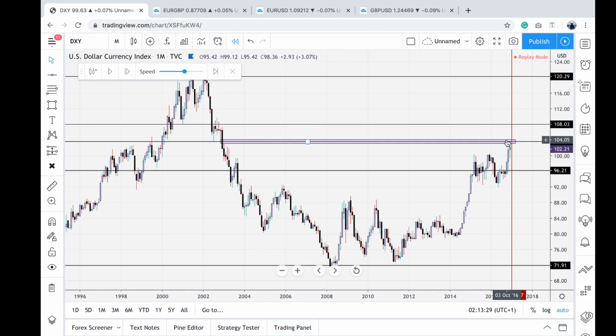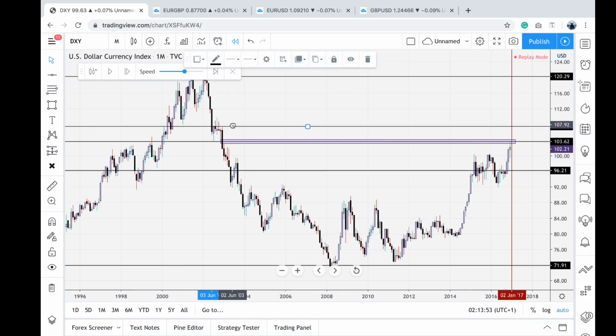If price sticks at that level, then we know we're now bullish and looking for 108.03 as an upside target for price to reach for. Now, the reason why I'm not using this bearish candle is because this fair value gap already falls in line with this bearish candle. So I feel if price sticks at this level, price is definitely going for this clean high. And that is the body of this candle.